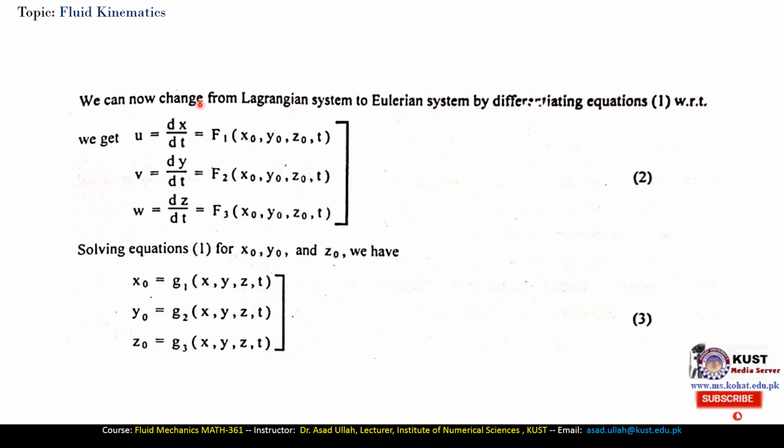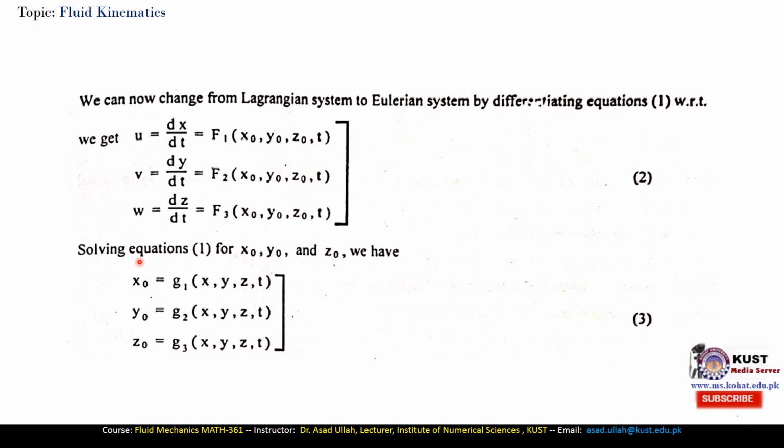So taking the derivative of each component with respect to time, we get dx by dt, which is equal to the velocity component u, and similarly dy by dt is equal to the velocity component v, and dz by dt is equal to the velocity component w. Here capital F1, F2 and F3 are the derivatives of the small f1, f2, f3 with respect to the time t.